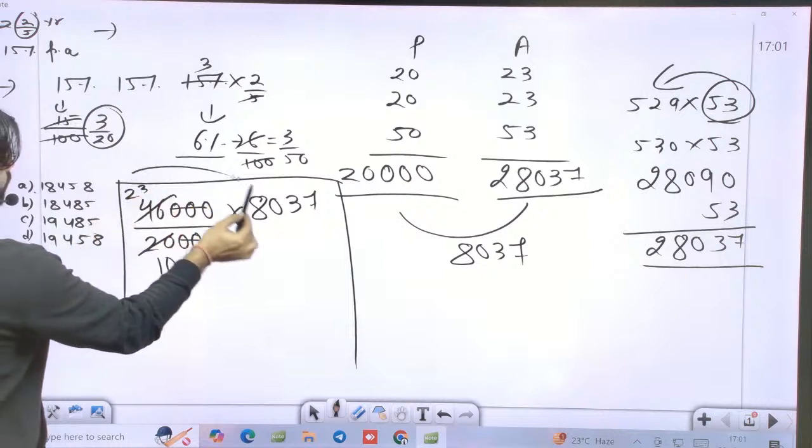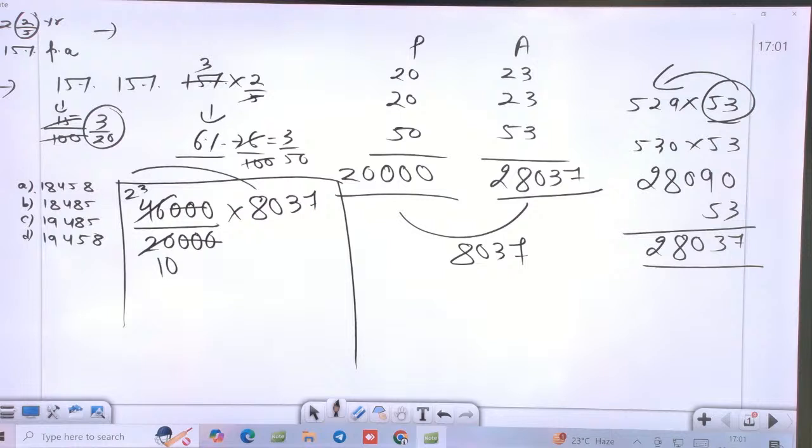Now you have to multiply. The last thing is you have to multiply, but we have avoided a lot of calculation. So after multiplying it, let me check what is the answer. 18,458. And obviously it will be in decimal, but he has simply said nearest integer. Okay, so after doing calculation, the answer will be 18,458. Got it or not?